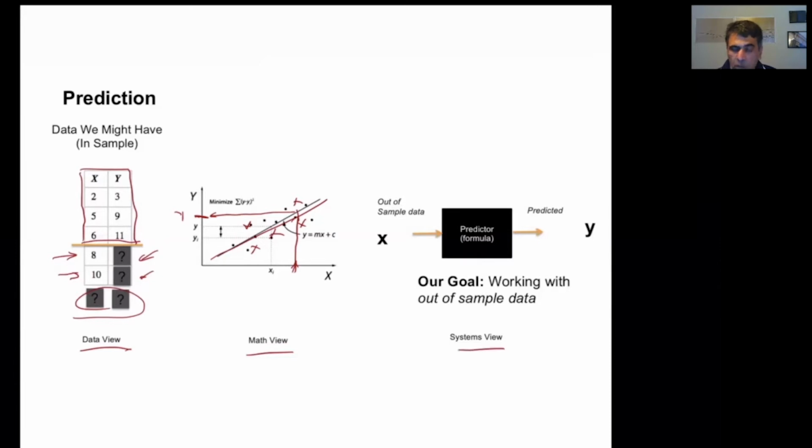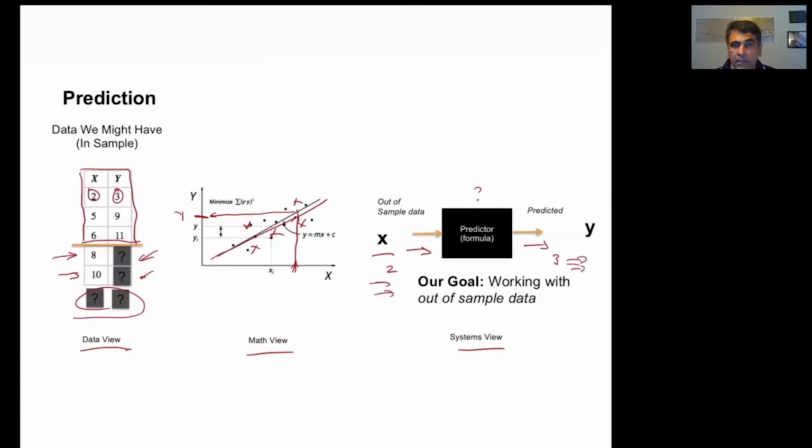And then there's also a systems view. In the systems view, we think of values of X as being put into a system. We don't necessarily know what's on the inside, but we get values of Y on the outside. So we put in 2, we might get 3. Over time, we may have put many inputs into the system and had many outputs from the system.